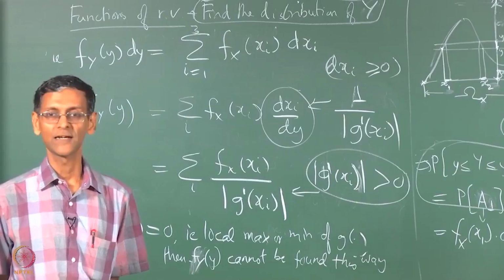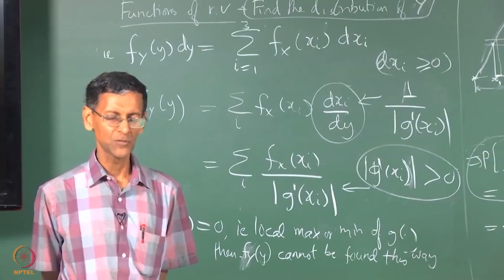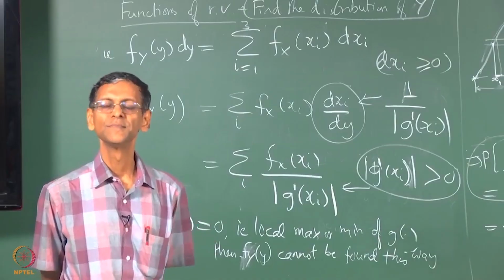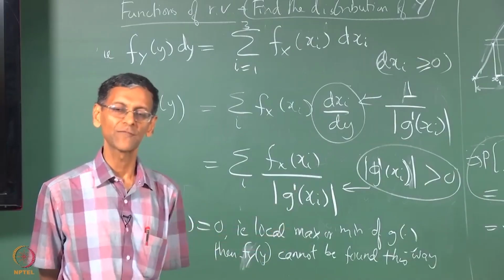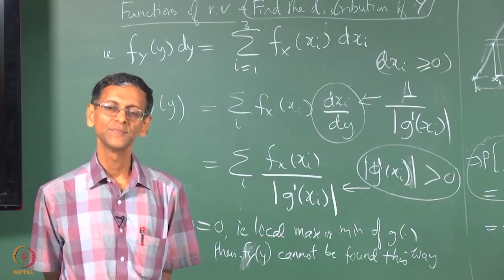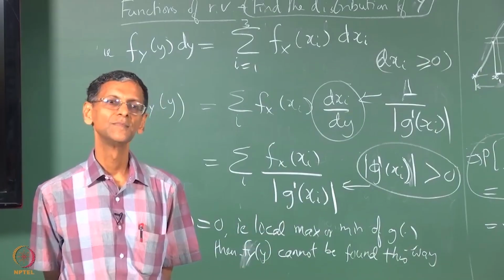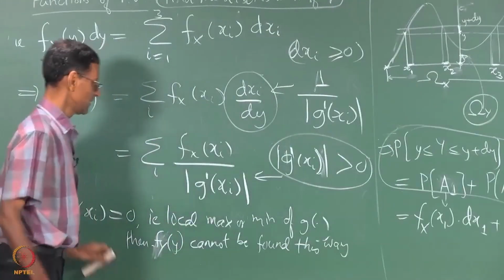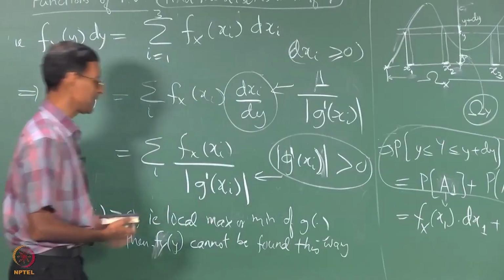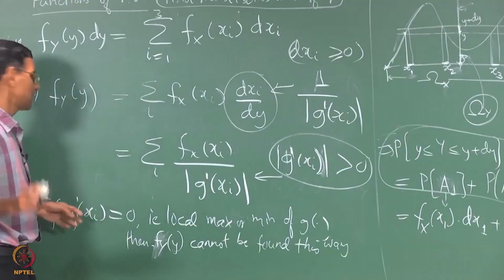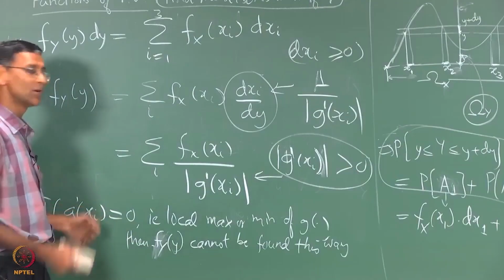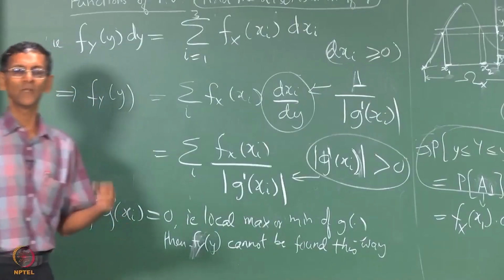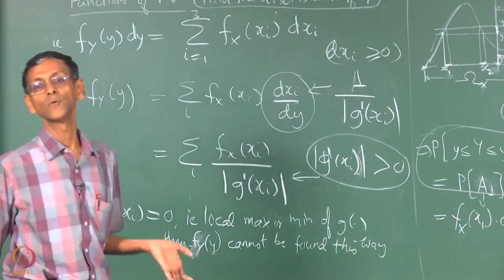We will come back to this again, that 1 by square root of pi into square root of 1 minus x squared or something, that is going to come as a result of a transformation or a function of a random variable. But again, just for the camera and for your notes, I repeat, this is not an issue when there is only a finite number of such points to worry about.